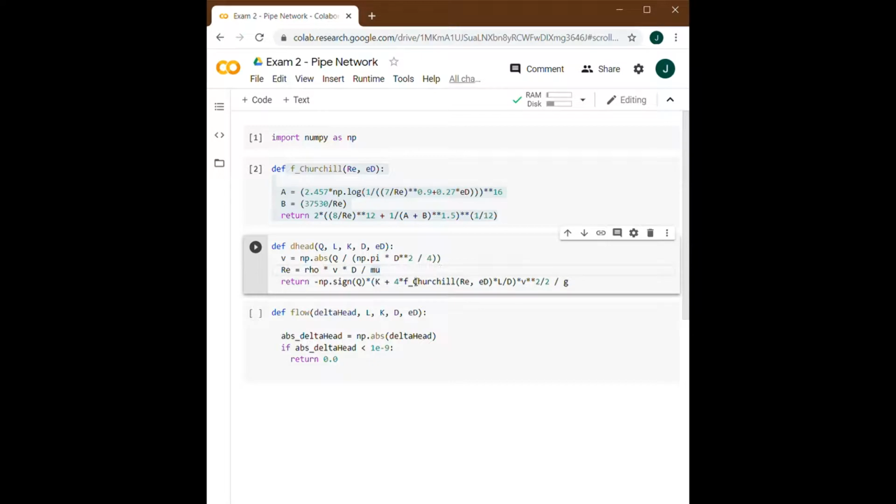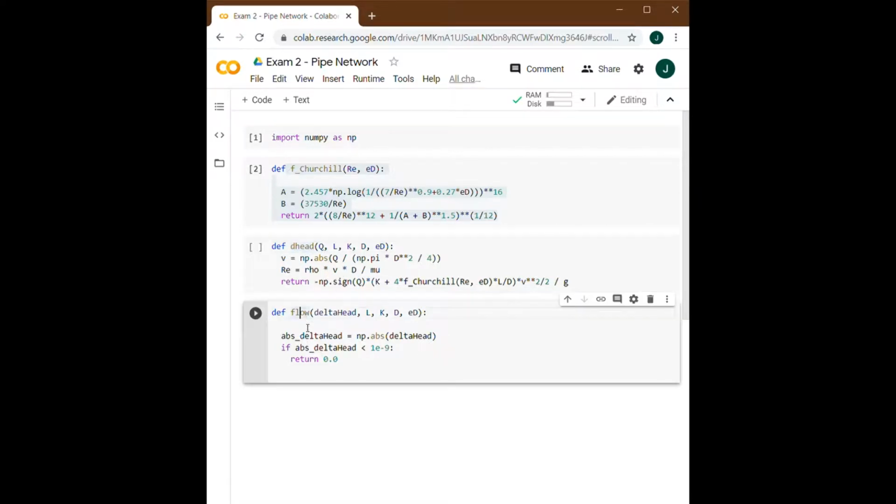However, the problem that we run into is that we need our flow rate to calculate for head, but we don't know the flow rate. So what we're going to do is guess. We're just going to guess our flow rate. And the way we do that is we're just going to guess a friction factor.